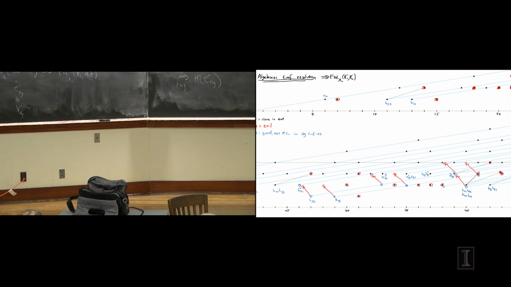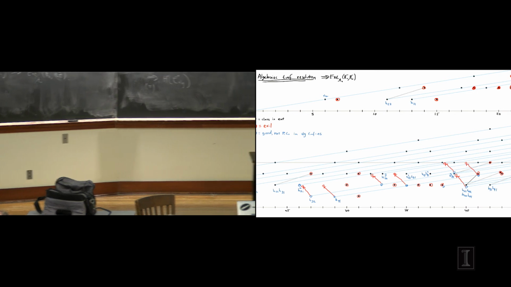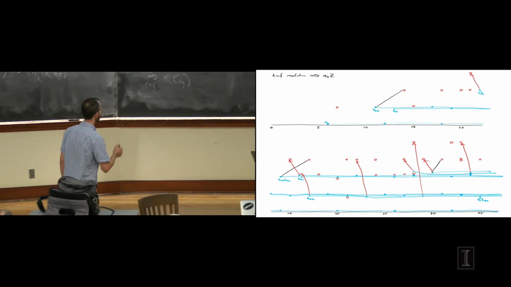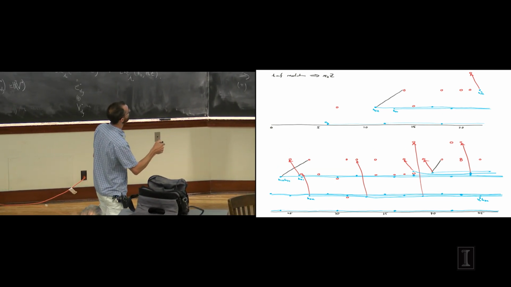Then what you do is you go back and you reinsert the evil. So now what I've drawn is the TMF resolution for pi star Z. I started with the cohomology of C, which I mentioned is just this exterior algebra plus some torsion, but it roughly looks like everything through this short range.